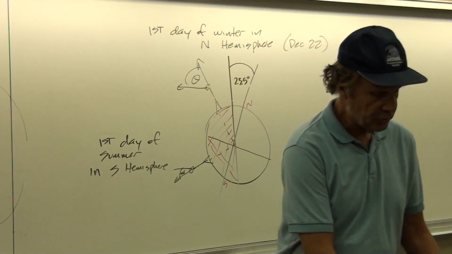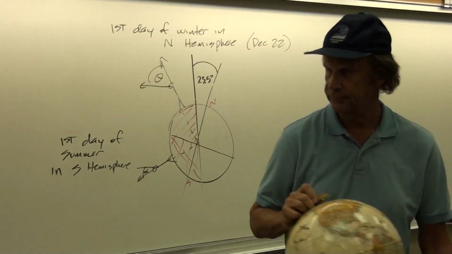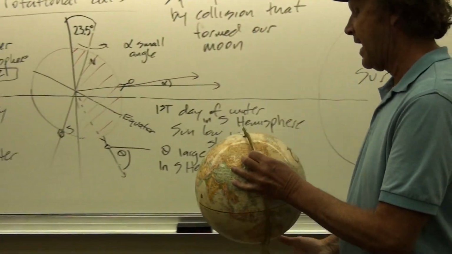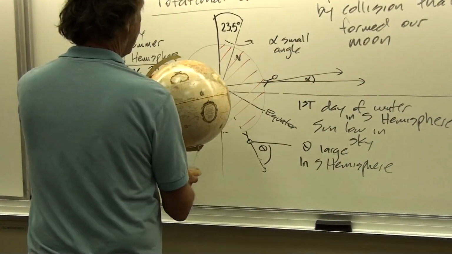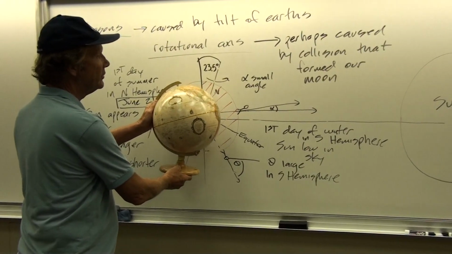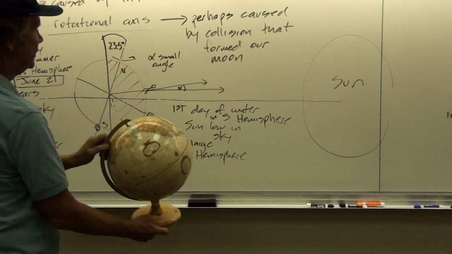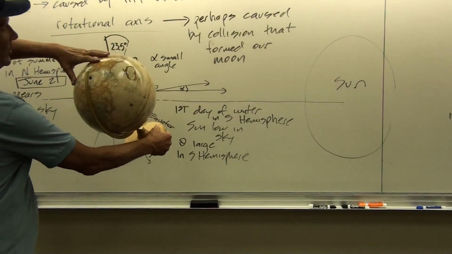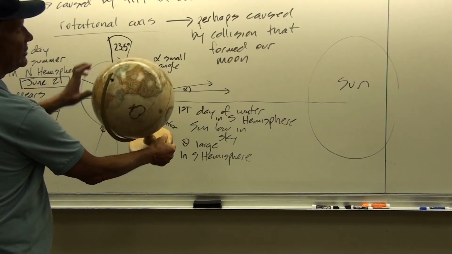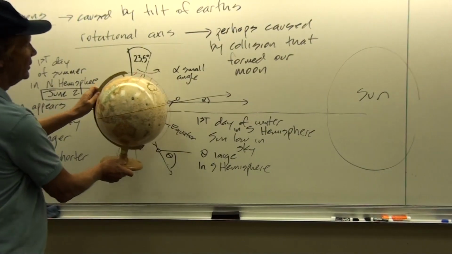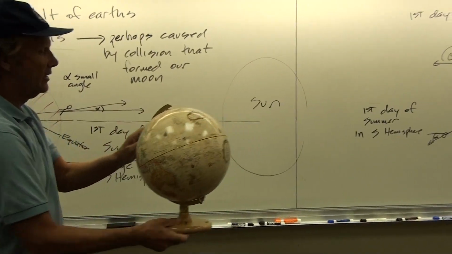Now, in between these two seasonal variations, we have spring and fall. And so, because the Earth is going around the sun in a counterclockwise direction, as viewed looking down on the Earth's north pole, just the same way as the Earth turns on its axis counterclockwise, it also goes around the sun counterclockwise.